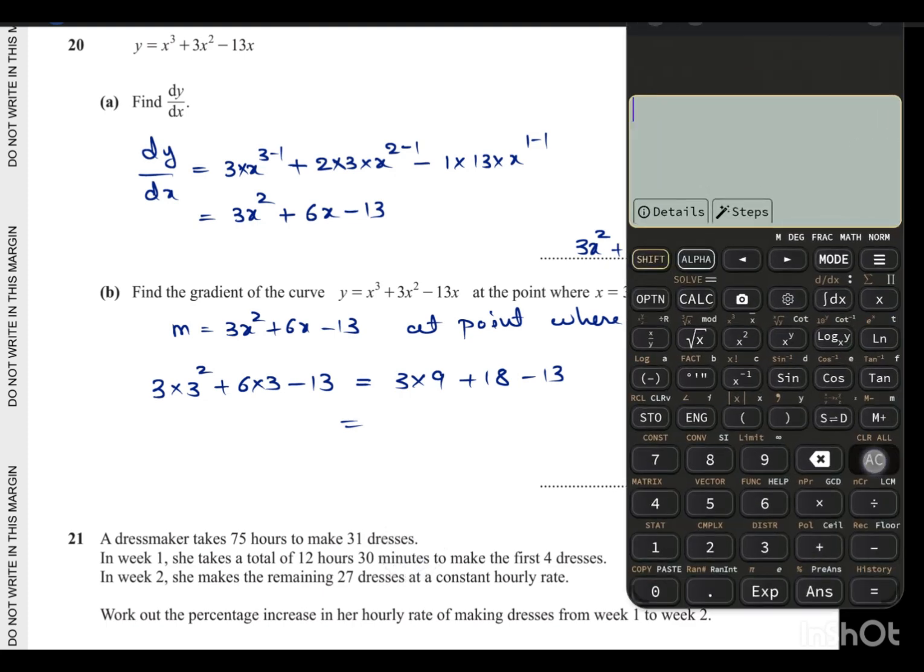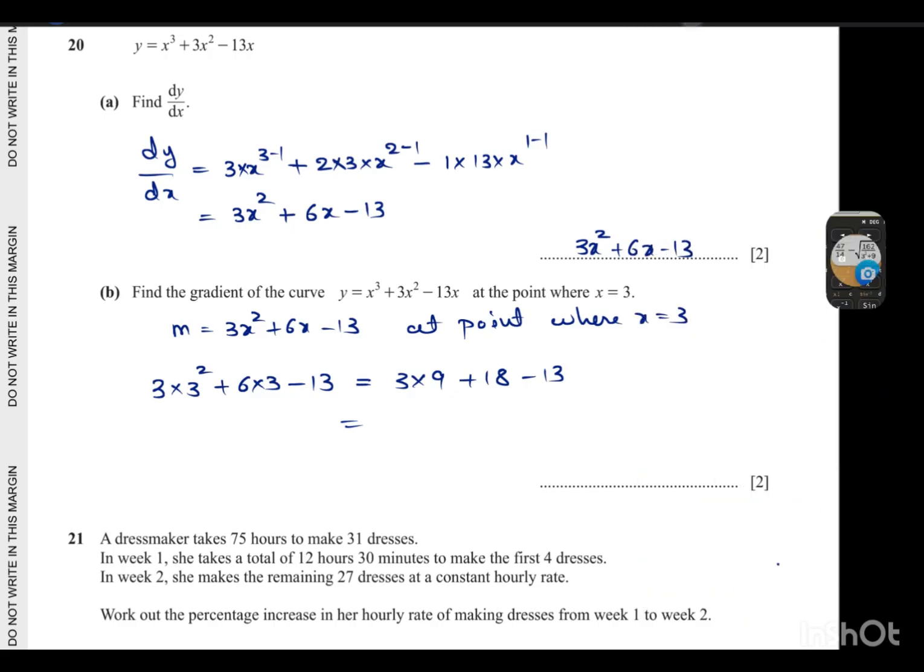So do it. 27 minus 18 minus 13 is minus 4. So the gradient is minus 4.